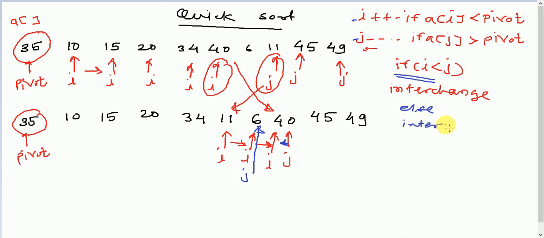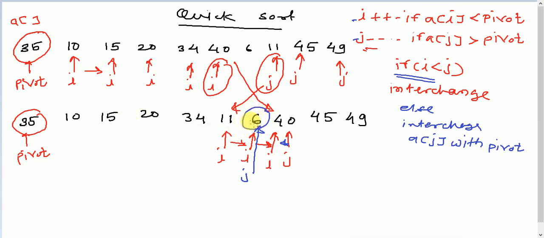What we will interchange here is a of j with the pivot element. So here pivot is 35, and a of j is 6 over here.